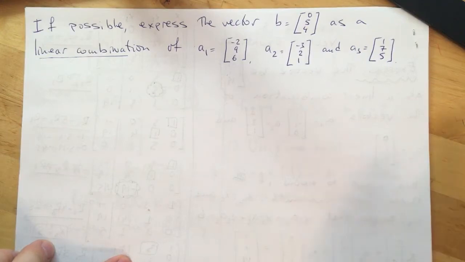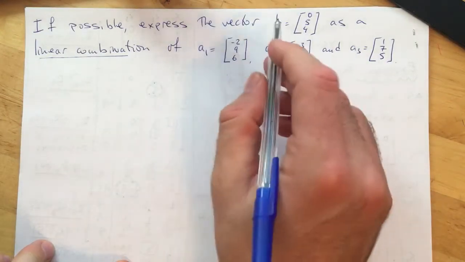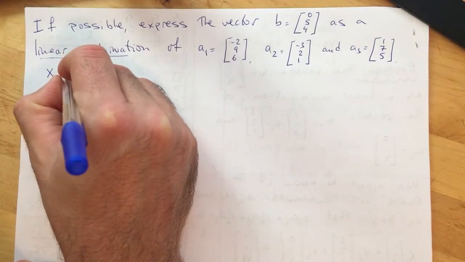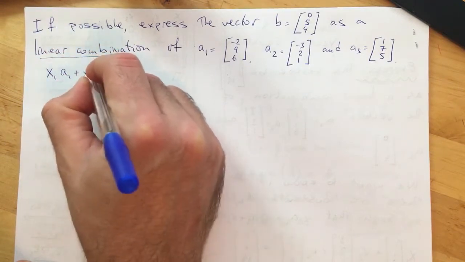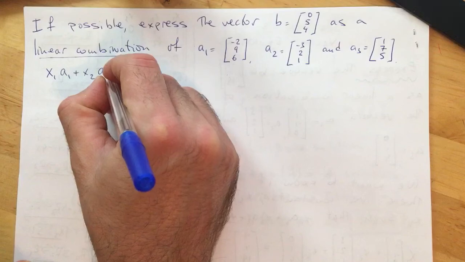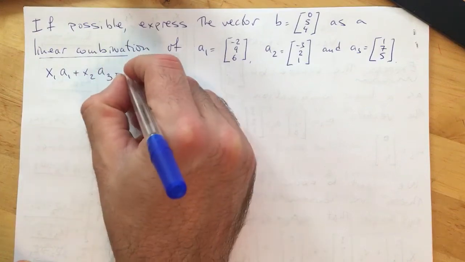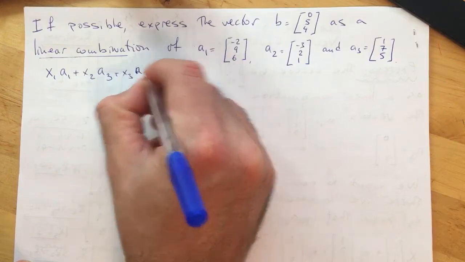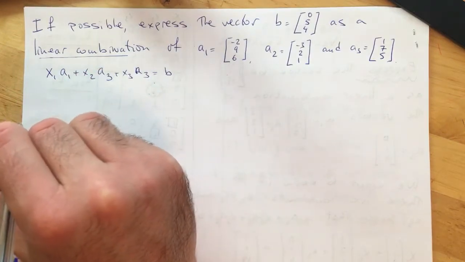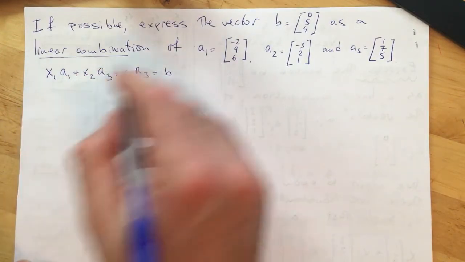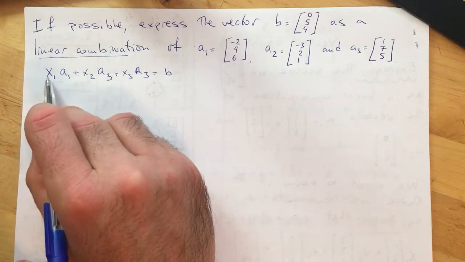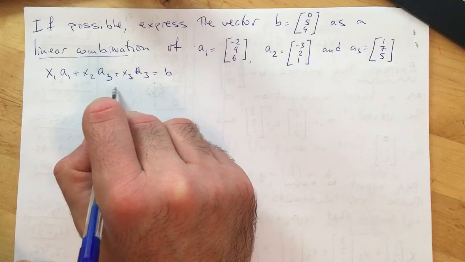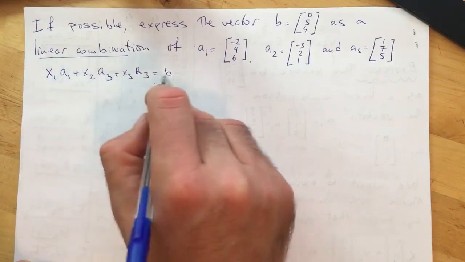Okay, in class we said that a linear combination of vectors is just a combination of the following type. So the question here is whether there are weights x1, x2, and x3 such that this equation is satisfied.